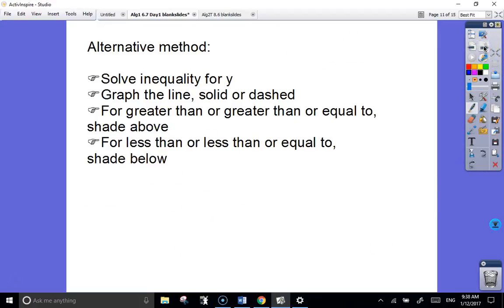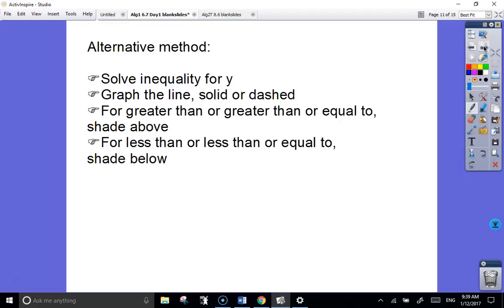Okay. So here's another way to do the thing, which I think is almost better than doing a test point, which is before you graph it, make sure you solve for y. Then we graph the line using slope-intercept rules. If it's a greater than or equal to, you shade above the line.